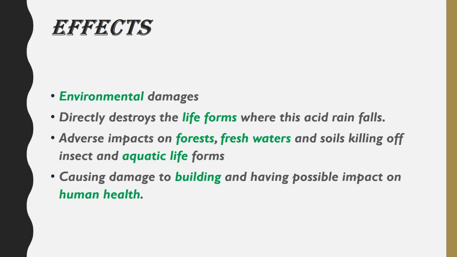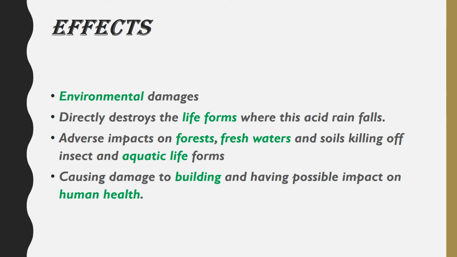Where this acid rain falls, all the life forms will be disturbed. It also has adverse impacts on forests, because when it falls on the leaves of the trees, they will be damaged, denatured and decomposed. Fresh water and soils, insects and aquatic life forms will also be destroyed, indirectly or directly, by acid rain.